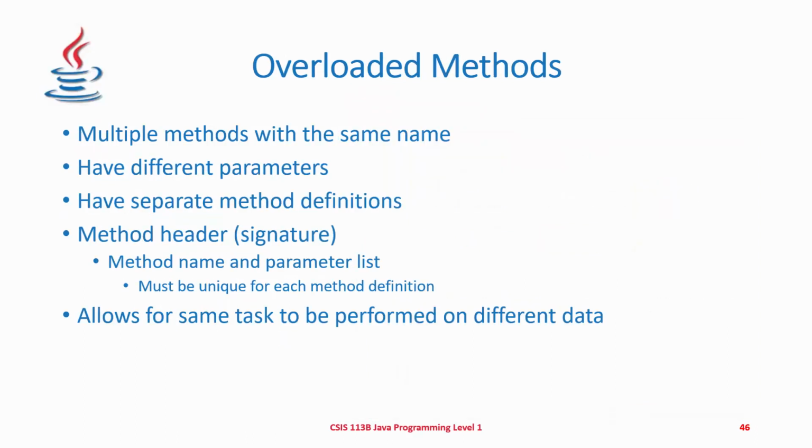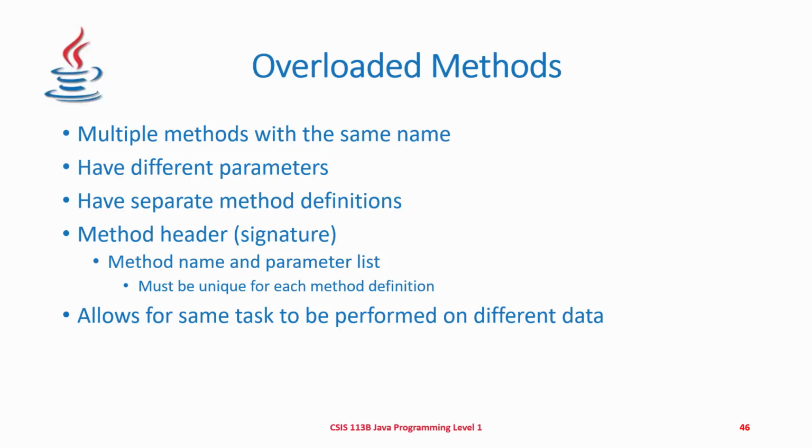So we talk about overloaded methods. This is an interesting concept. You can actually create multiple methods that have the same name but have different parameters. And that's what makes them overloaded. You have multiple methods being defined. They all have the same name, but each declaration has a different set of parameters.